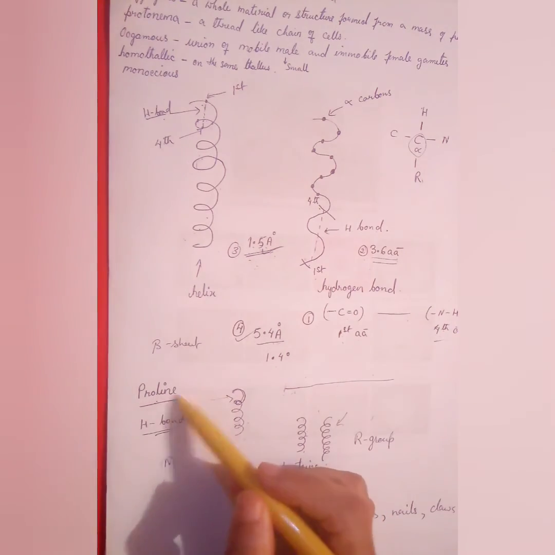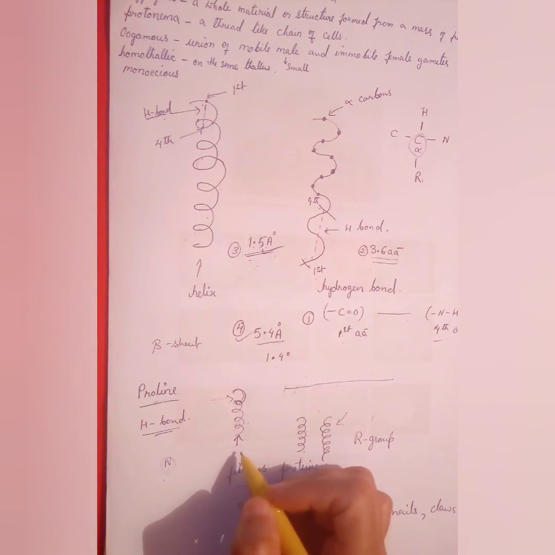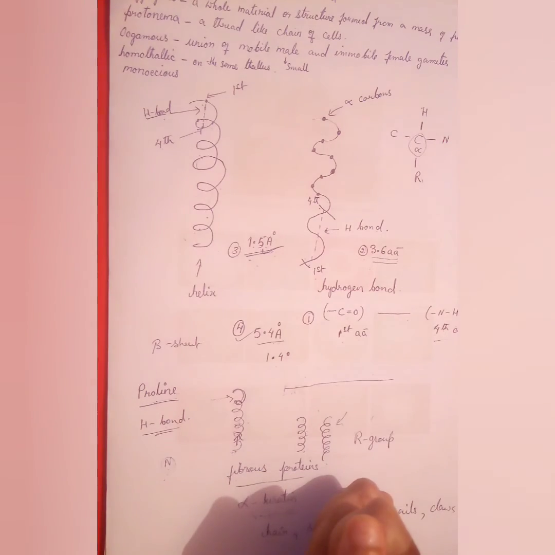So for this reason, proline is often found at the end of the alpha helix, where it alters the direction of the polypeptide chain. Since it alters the direction, it will terminate the helix.